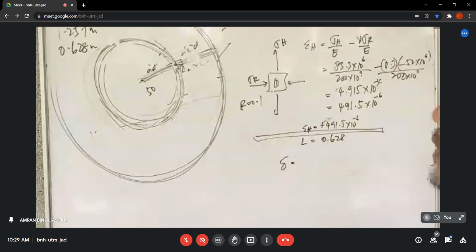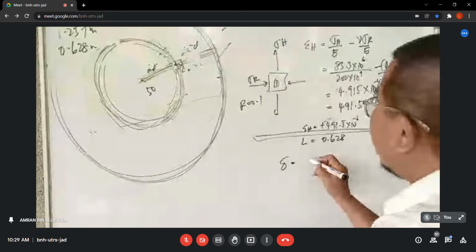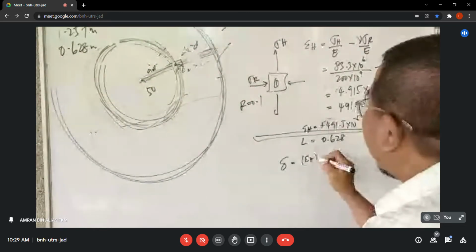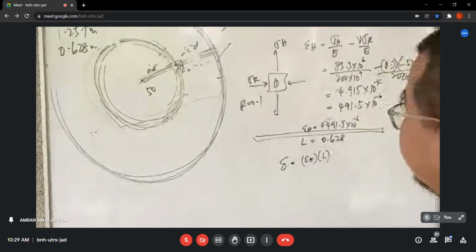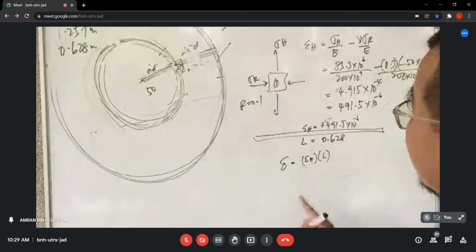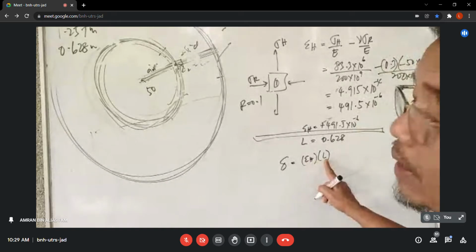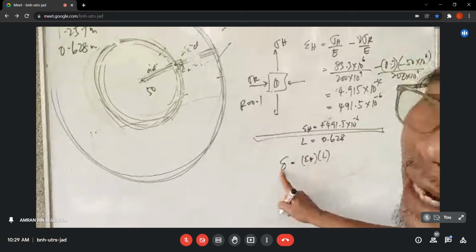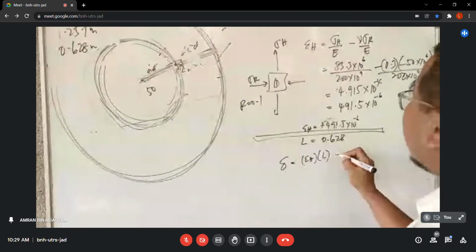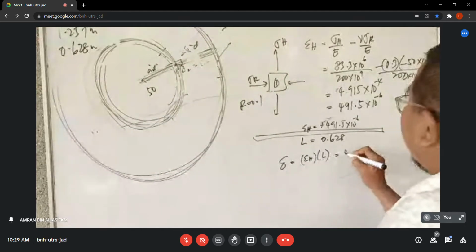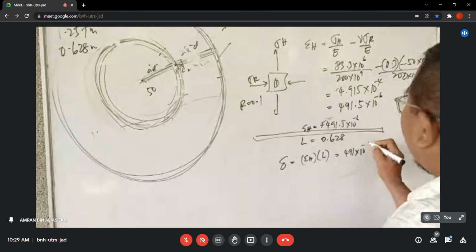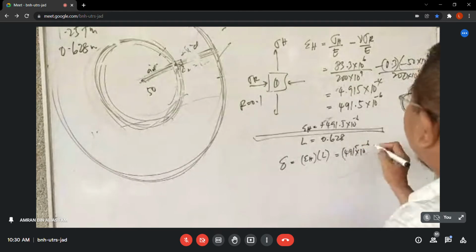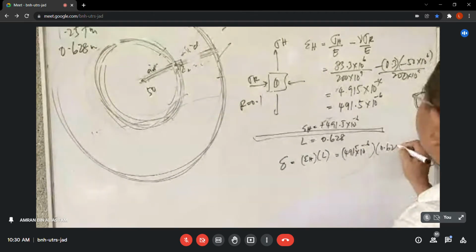Yes, can. What is the value? EH, the strain, times the original length, we got the change in length, right? So 491.5 times 10 to the power minus 6 times 0.628.